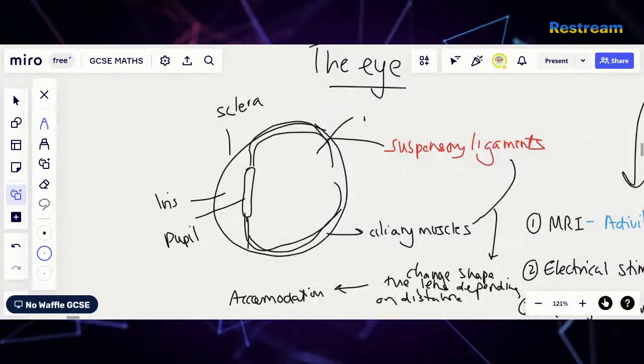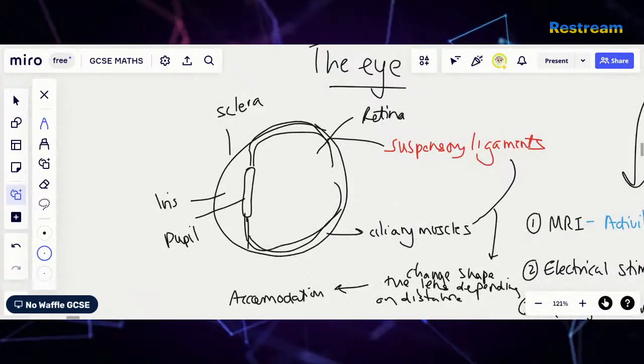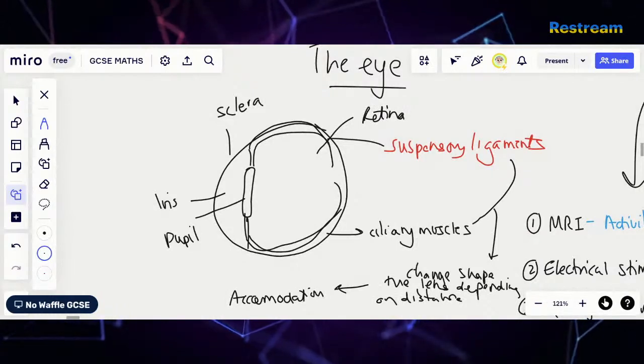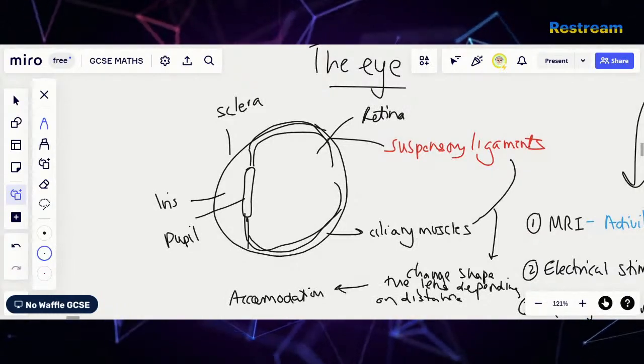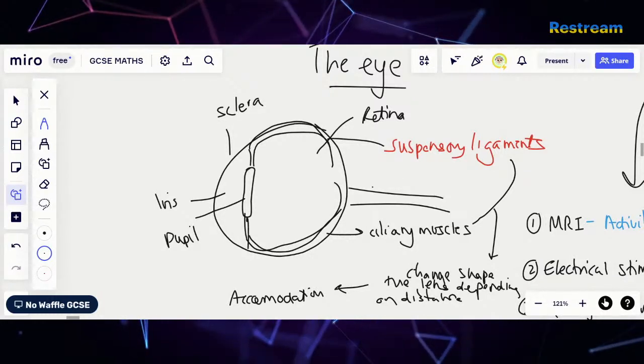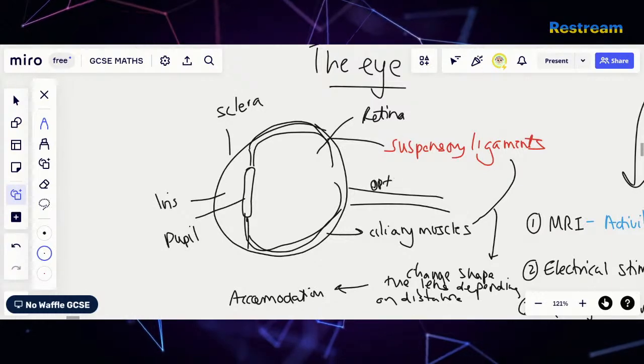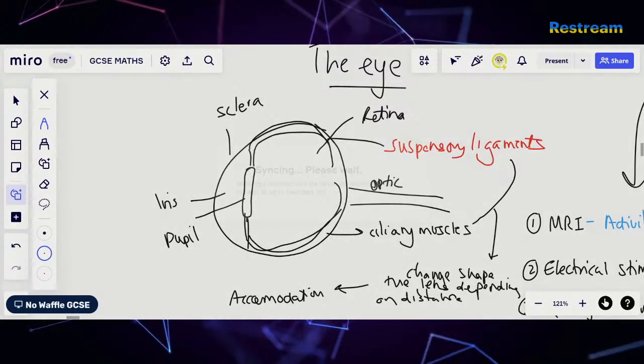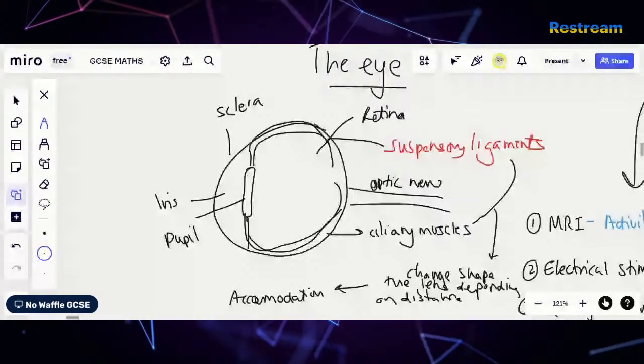Now we have the retina here, which is the back of the eye, and the retina is basically the receptor cells of the entire reflex arc for when you're looking at something. And then we have the optic nerve over here. The lens is some invisible thing here.